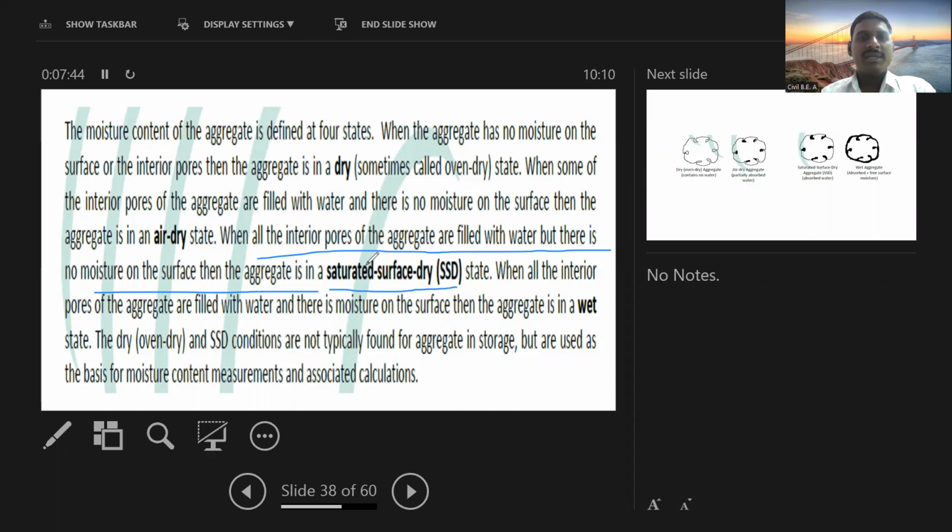It means the interior pores of the aggregate are filled with water, but there is no moisture on the surface. And the fourth state of moisture content is when all the interior pores of the aggregate are filled with water and there is also moisture on the surface of the aggregate, which is the wet state.